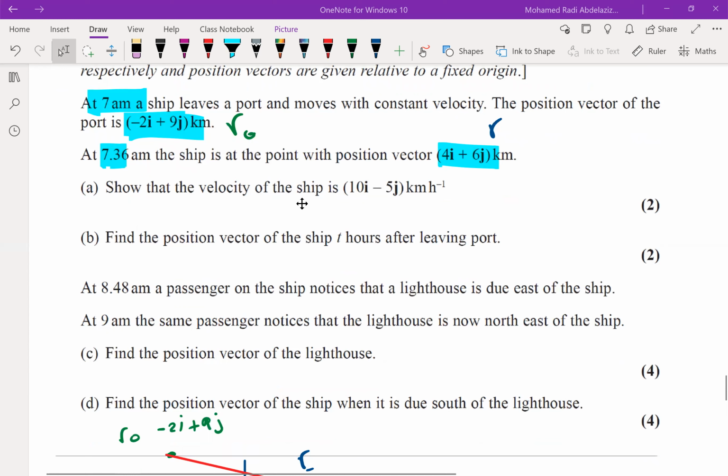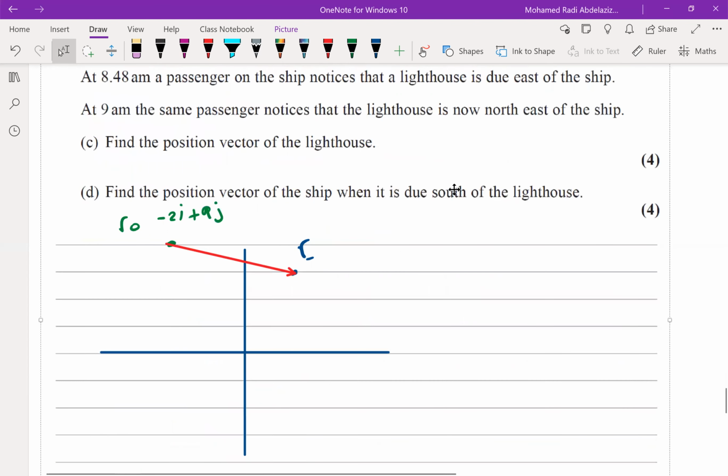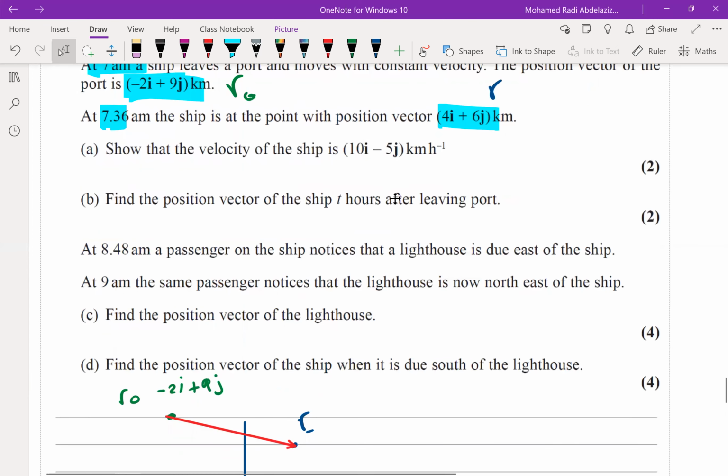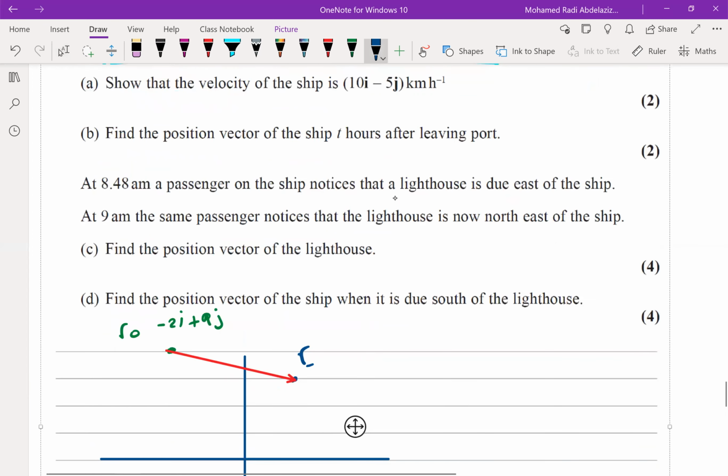Show that the velocity of the ship is 10i - 5j. To get the velocity, you can start with: final position equals the initial position plus vt.